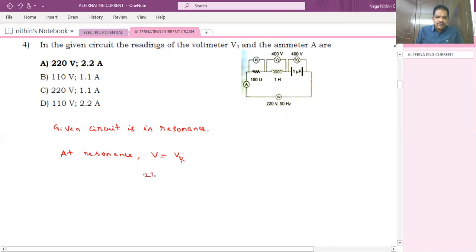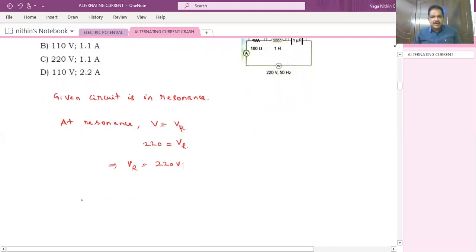This V value is 220. VR, how much are they asking? VR is equal to 220 volt. What is the ammeter reading? Current I is equal to VR by R. VR value is 220. The resistance they give is 100 ohms.